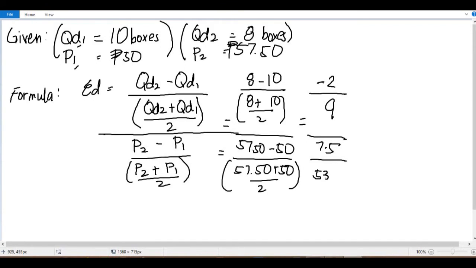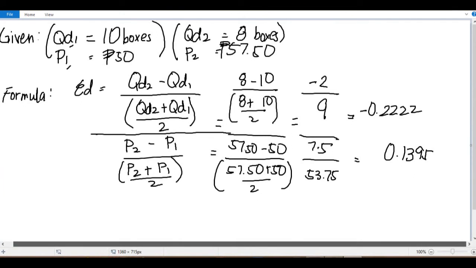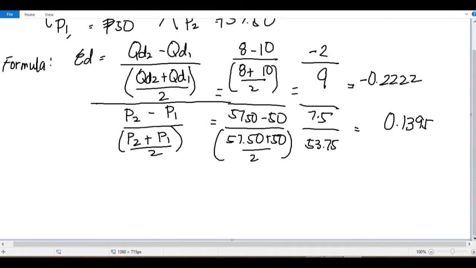So, when you divide negative 2 by 9, you have negative 0.2222, it's unending. And this one is 0.1395. I usually do 4 decimal places. Okay? Mas gusto ko kasing 4 kasi at least if i-round off ko siya sa 2 decimal places, mas madali ko makita if paano ko siya i-round off. Okay? So, we have that.